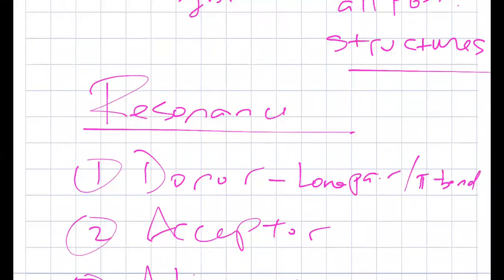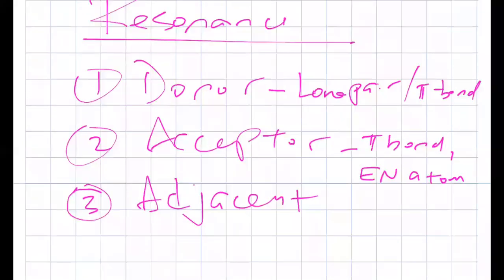An acceptor can be a pi bond, or an electronegative atom, or it can be a cation. All of those are examples of acceptors. And these two things have to be right next to each other, all right?